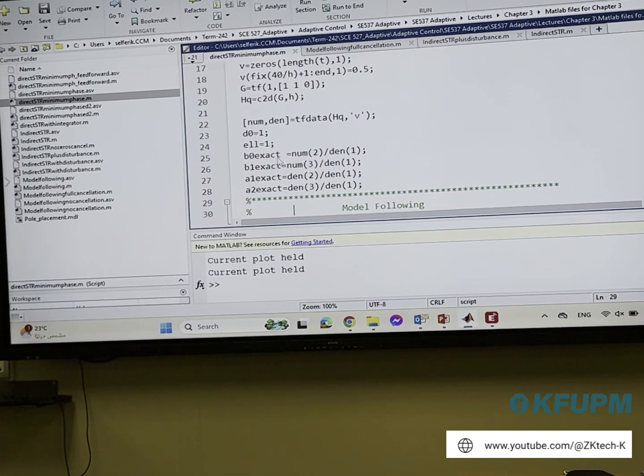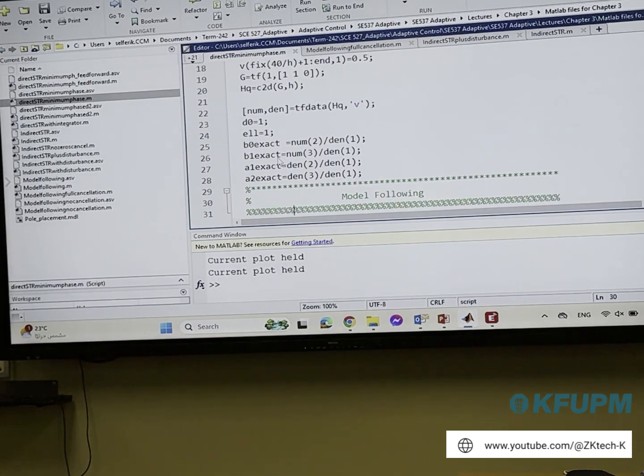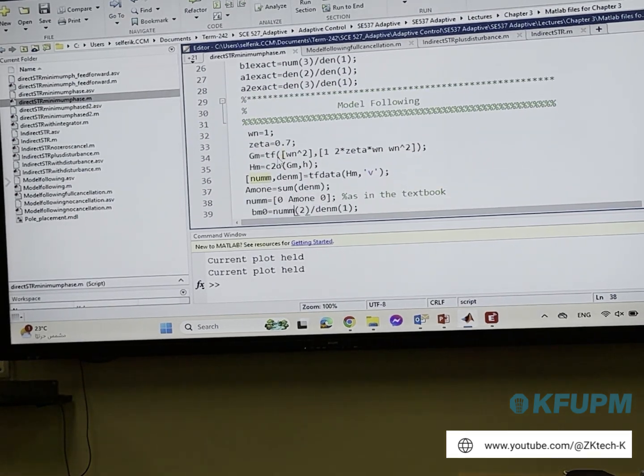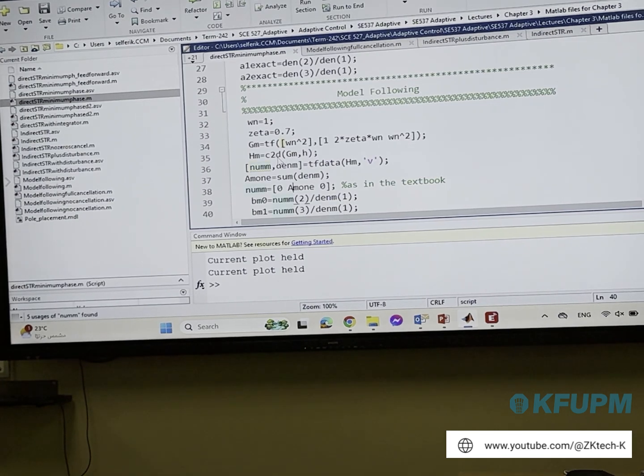I extracted what is exact in terms of parameters. And then I defined here my BM over AM. So I took omega n equal to 1, zeta equals 0.7, created the continuous system, and discretized it based on the same sampling period. And after that, whatever MATLAB gave me, I ignored the numerator. MATLAB will give me a numerator based on the method that we have there.